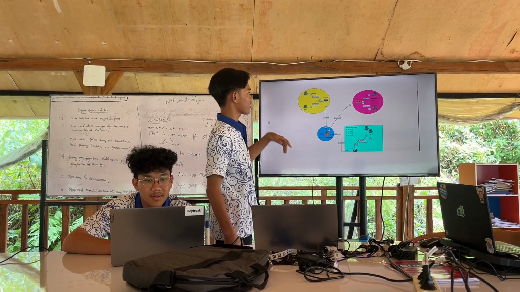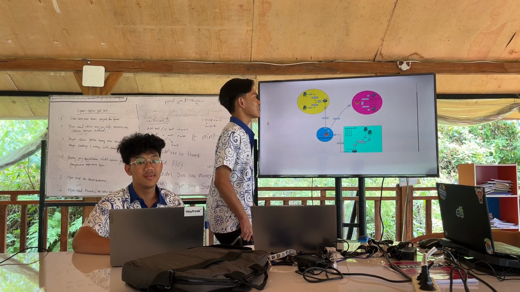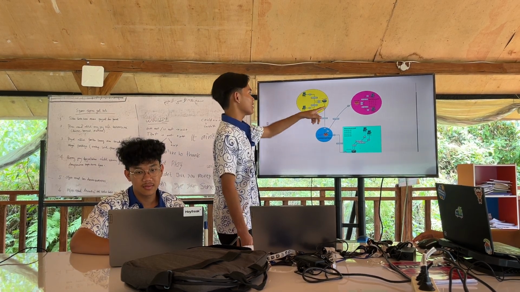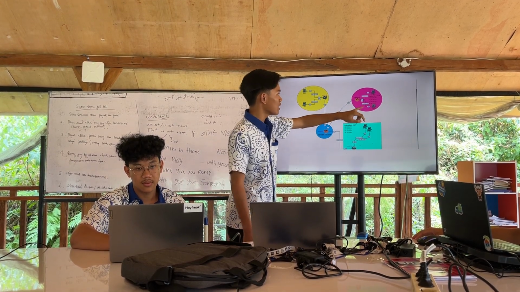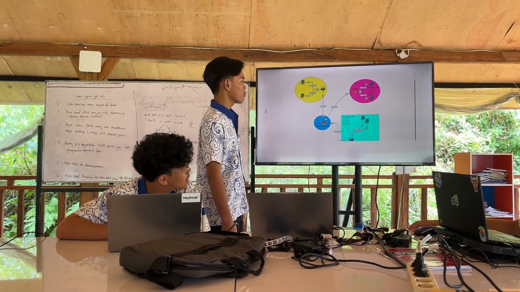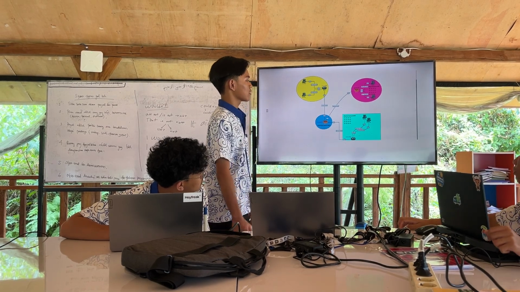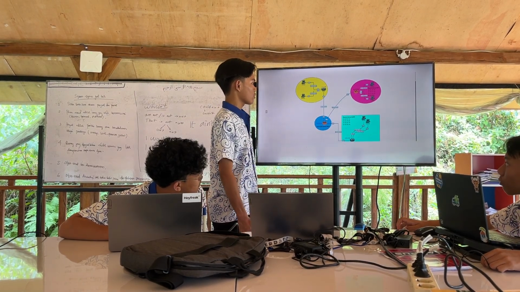The purple color of IP is the IP loopback. This was IP loopback, this was IP loopback, and this is IP loopback. And we set it on each branch. There are IP addresses too.